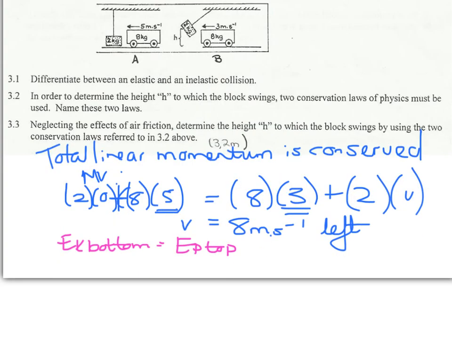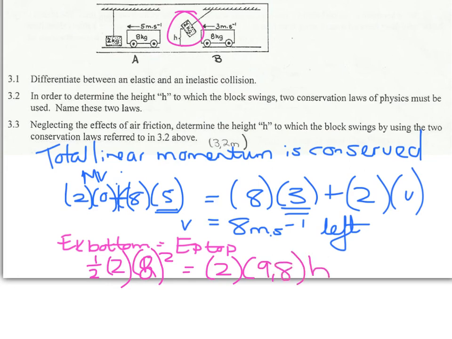What's going to happen now is I'm going to say a half of the mass of just the block now, that's the only thing that's going up there, times its velocity, kinetic energy, squared is equal to its mass times 9,8 times some more other height that I do not know. When I resolve that, the height is going to turn out to be 3,27 meters. So that's the height.